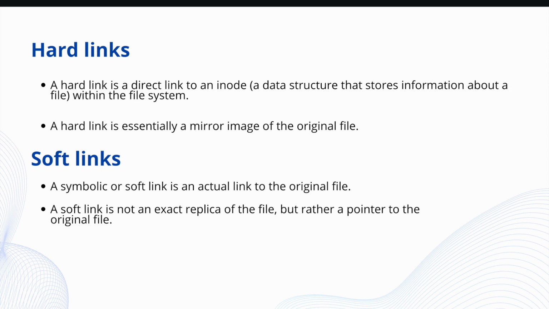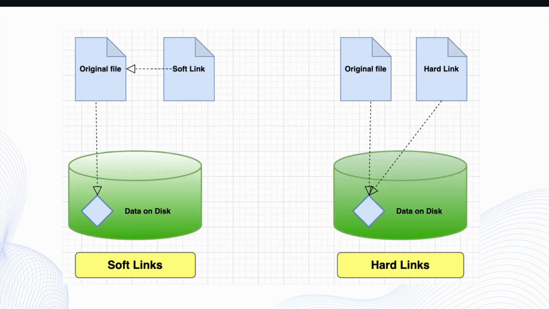So here you can see in this diagram, I have the data on disk. If you see here soft links, a soft link is basically a pointer to the original file, and that original file has the data stored on the disk. Now, if I remove this original file, I will not be able to get the actual data.